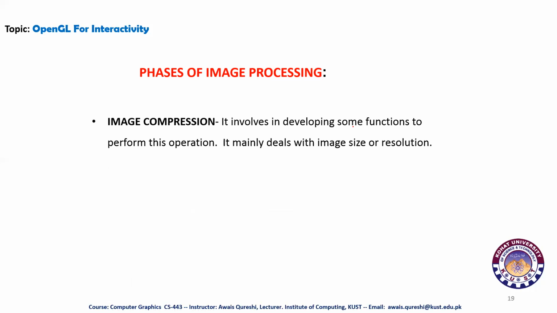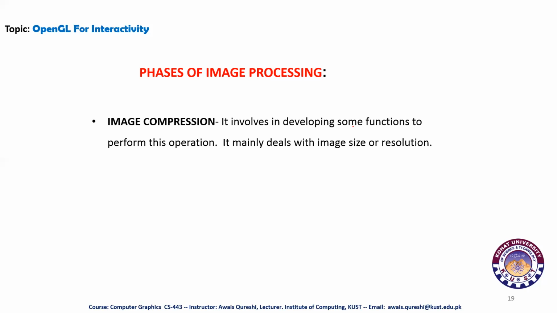And the fifth one is image compression. It involves developing some functions to perform this operation. It mainly deals with image size and resolution. So you may already have this concept, which is called image compression.